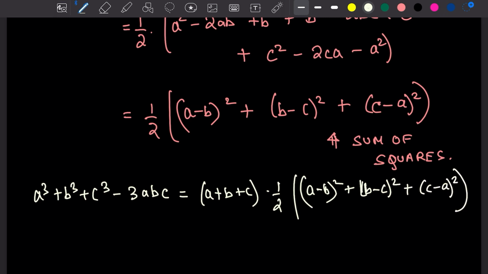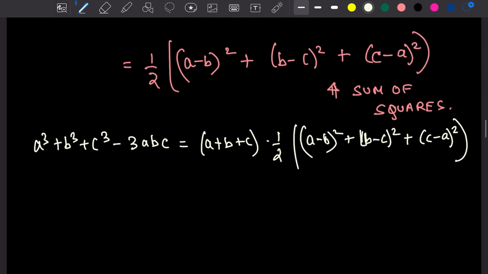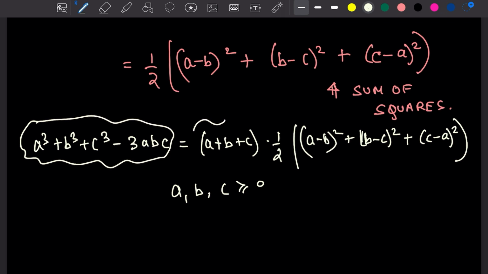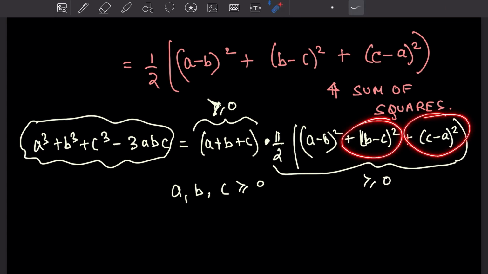Right? So, if everything is positive, or let's say greater than or equal to 0, then the left hand side is equal to something greater than or equal to 0 times something greater than or equal to 0. Why? Because this is the sum of squares. A sum of square numbers is always 0 or more, right? If all of them are 0, then of course the sum of squares is 0, but it's either 0 or positive.